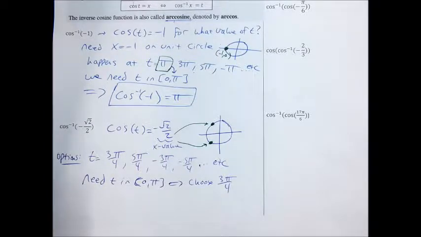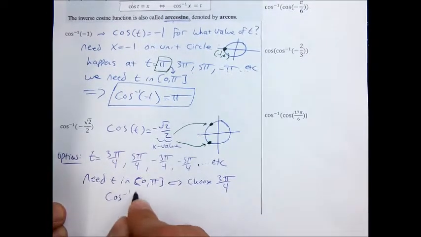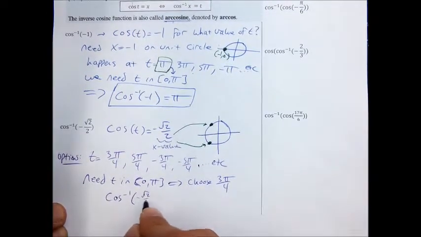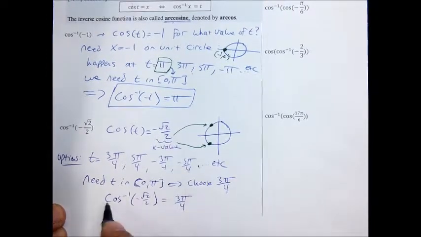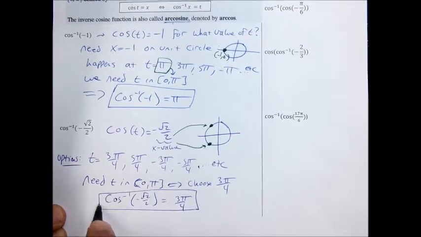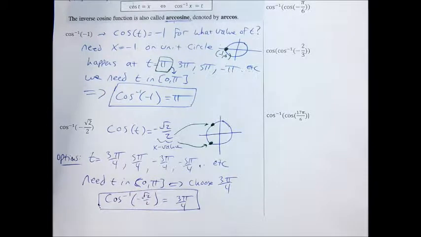And so our answer is 3 pi over 4. Okay? So cosine inverse of minus root 2 over 2 is 3 pi over 4. Because if we plug in 3 pi over 4 into cosine, we get minus root 2 over 2. Right? We're doing the opposite. We're thinking about these things in the opposite direction.